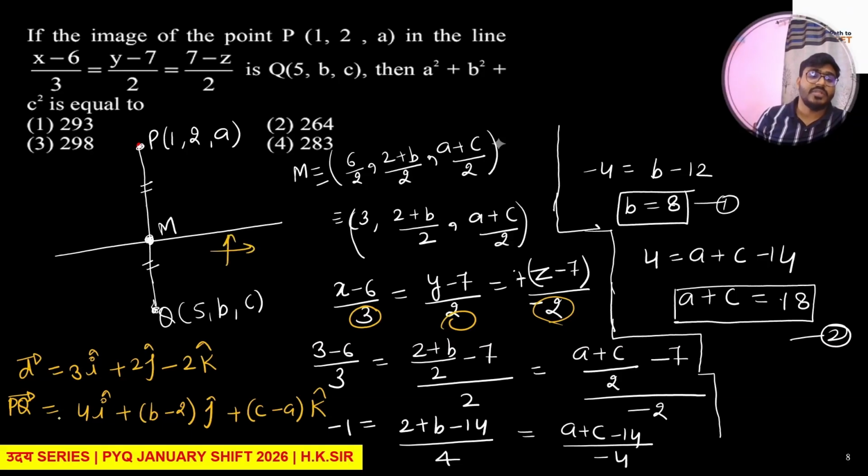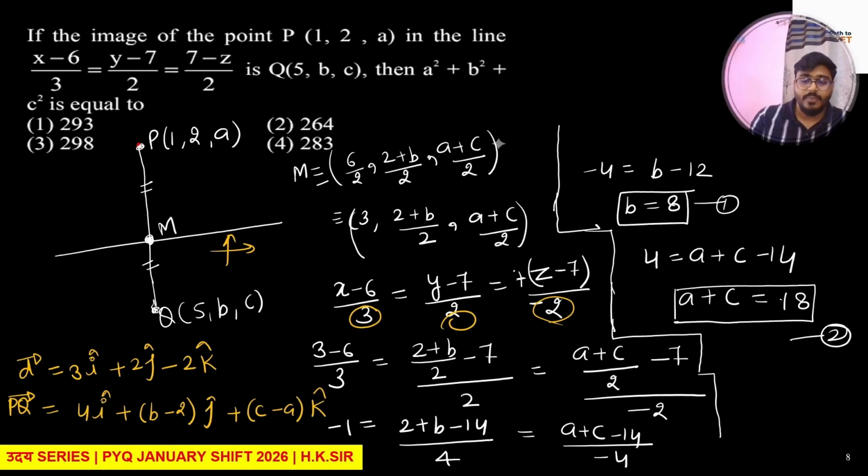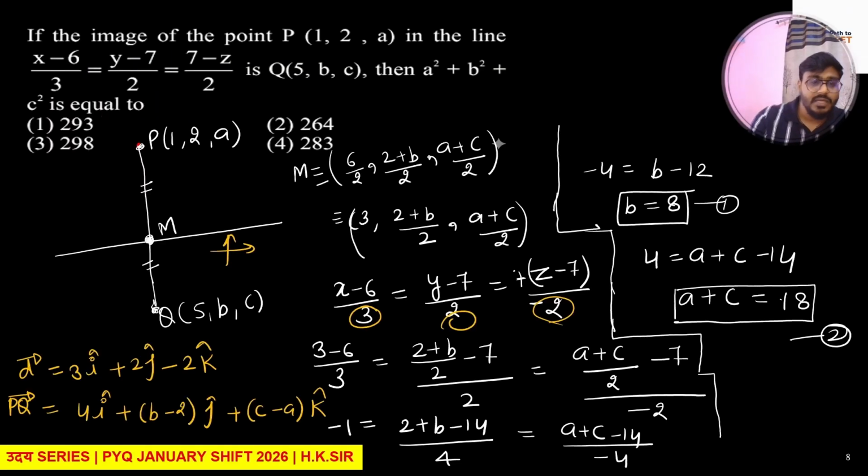So d vector dot PQ vector equals 0. The d vector is 3, 2, minus 2, I am writing directly without the caps, dotted with the PQ vector 4, b minus 2, c minus a. This dot should be 0.